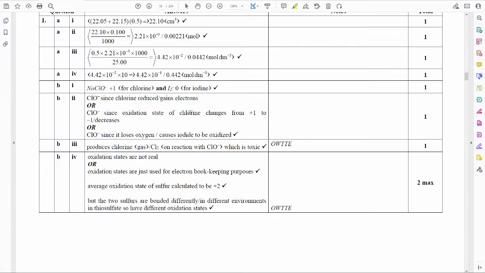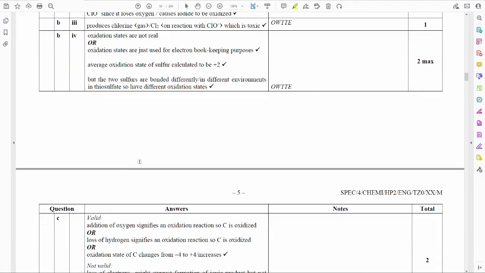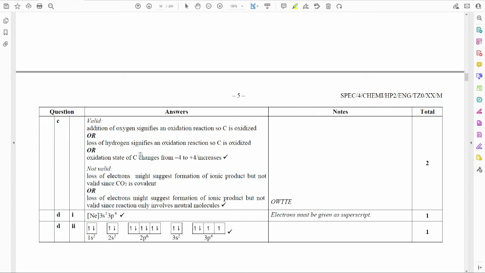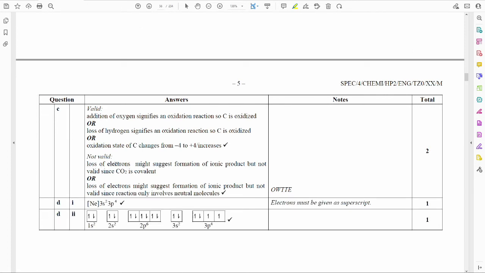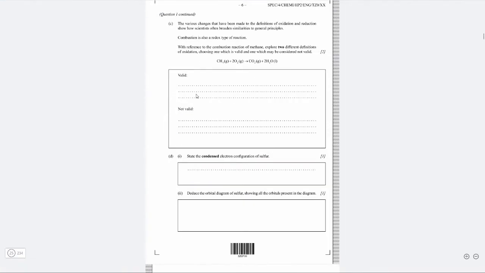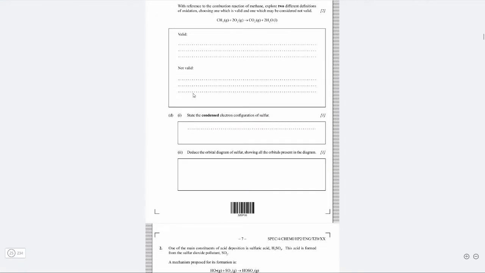I looked at the mark scheme, and it just says loss of electrons might suggest formation of ionic product, but not valid since CO2 is covalent. Or loss of electrons might suggest formation of ionic products, but not valid since the reaction only involves neutral molecules. I think it's a very weird question that you're required to come up with something which is wrong, but that's what the question asked.